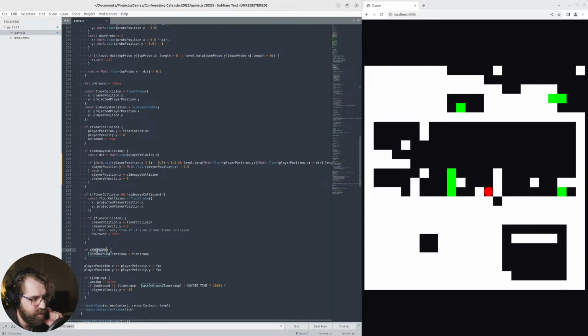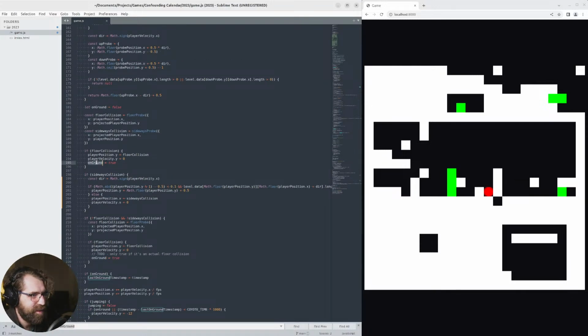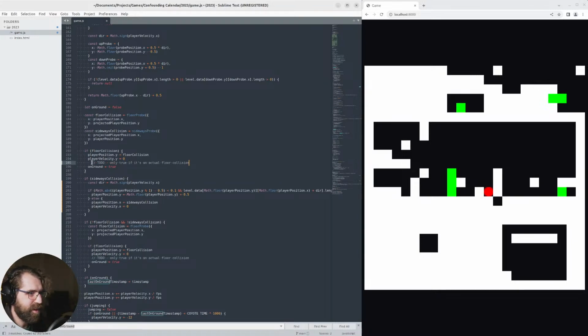Here. Which isn't even accurate right now. We should probably fix that. On ground isn't actually on ground. It's also, am I hitting the ceiling? Which is kind of good. But I need them as separate checks, basically. Let me put that to do there as well, so don't forget.